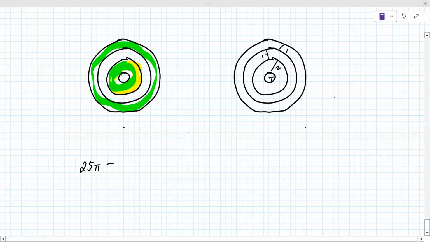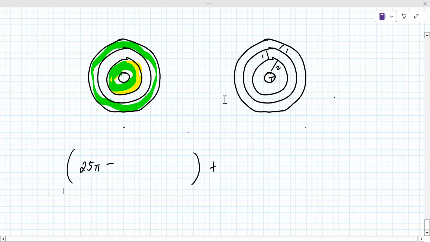And then the inner circle would have a radius of 3, so minus 9 pi also. So just keep in mind, to find the green though, you're taking the biggest circle and subtracting the next circle to find that. Oh, okay. And then you're adding to that the second biggest circle, subtracting the littlest circle.